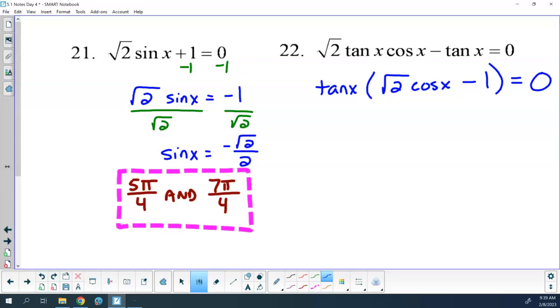Okay? Once we have it factored, then we have what's called the zero product property. Now, you probably don't remember what the zero product property is, but you know how to use it.